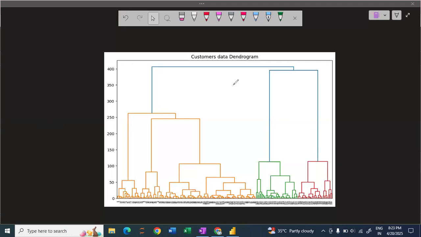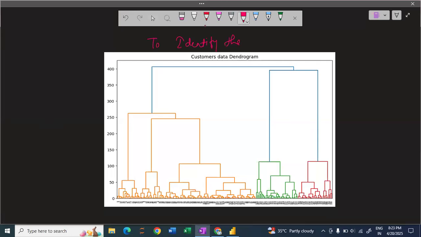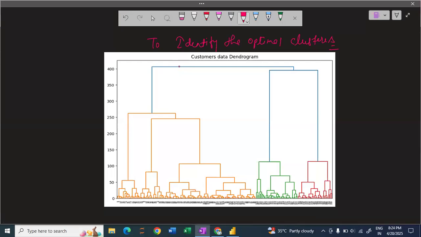See, now the question is, to identify the optimal cluster we have to follow some steps. The steps are, first of all, we find the longest vertical line from our plot.